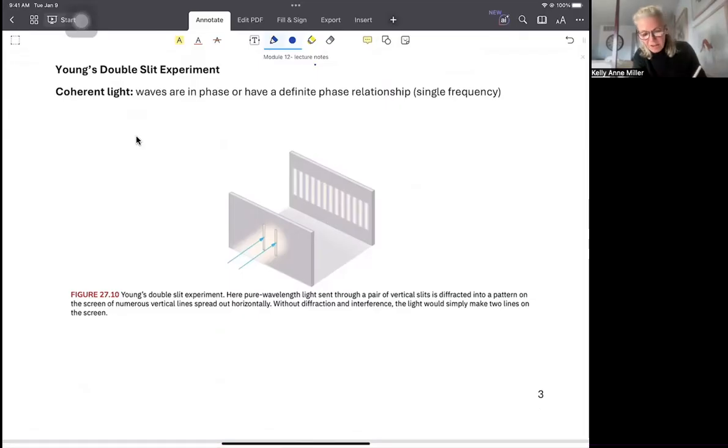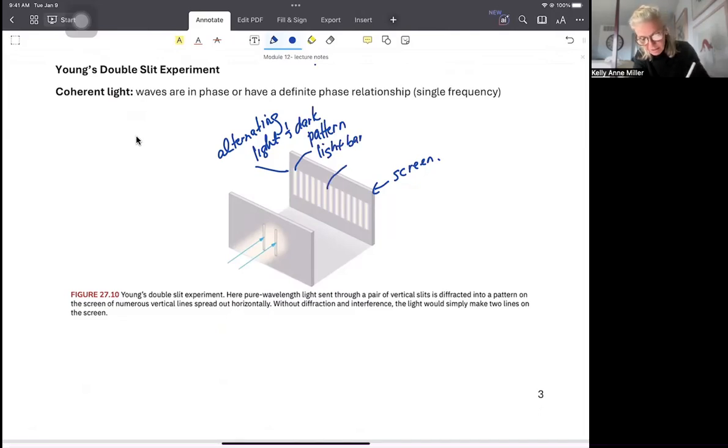There was a screen on the other side, and what he saw was an alternating light and dark pattern. So you have these light bands, and in between them you have these dark bands.